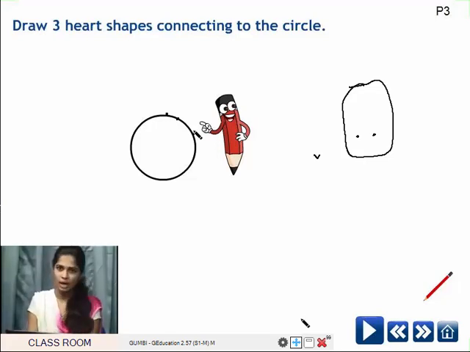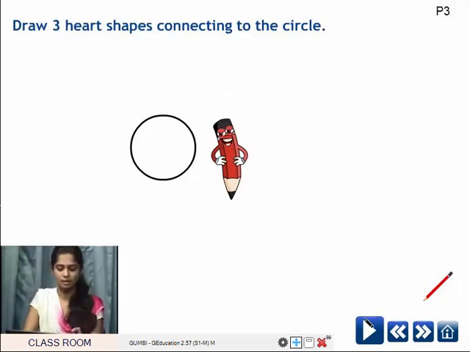So similarly, you have to draw 2 more hearts. Second heart from where you have to start is you have to start from the point where the first heart ends. So where does the first heart end? Yes, it is from this point. Second heart shape. Remember, with 3 heart shapes, you have to fill the circle.